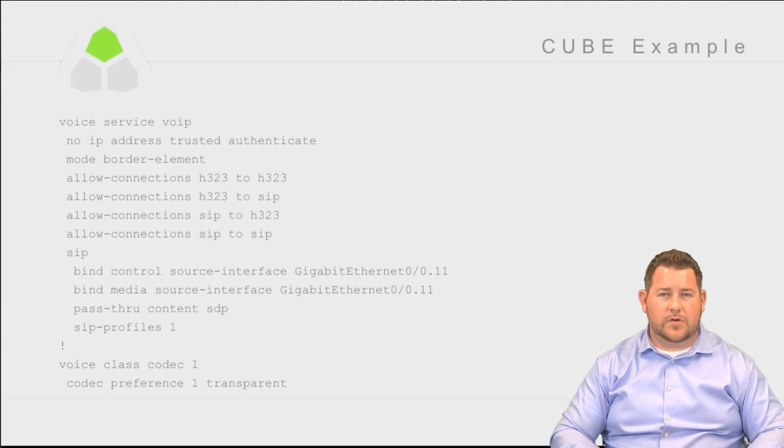And you can make a list of different IP addresses that are allowed. It can take that list from session target commands. But if you get an address that comes in your router that's not in that list, it's going to deny the call. It's not going to let that call work, and you'll be pulling your hair out trying to figure this out.